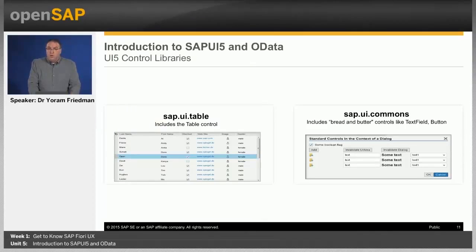Here are two examples. We have a library for tables, and that provides me with the ability to create a table that is very rich in data, but also responsive. And we have a library with common controls like text fields, bullets, and things like that.